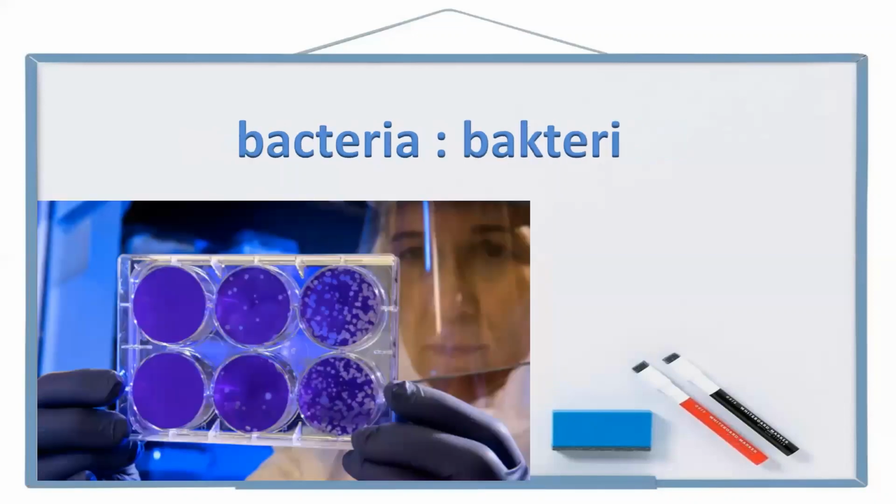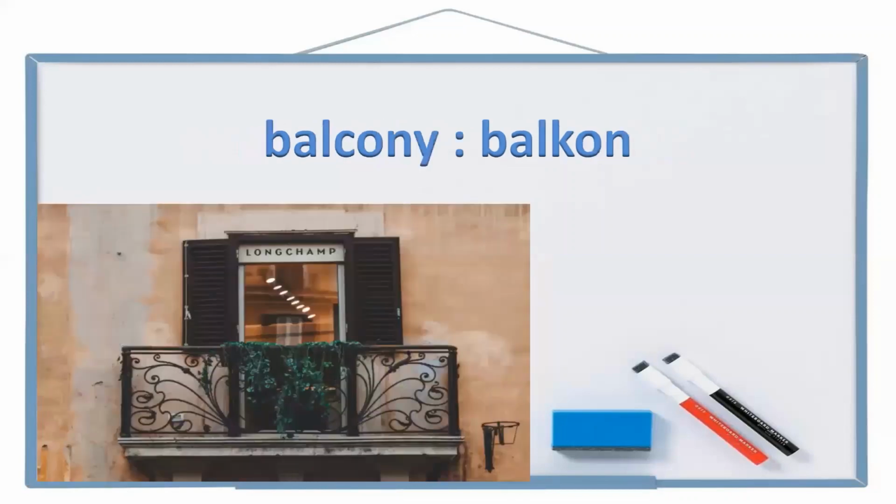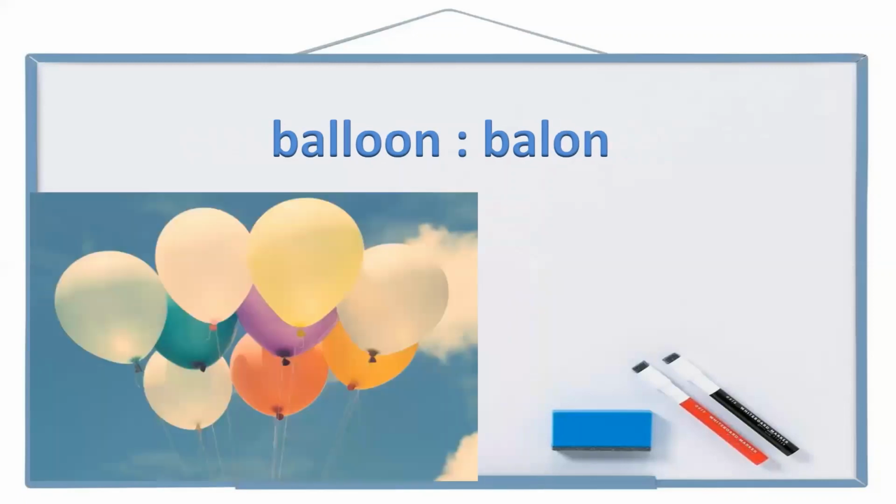Let's go on. Bacteria is bakteri. Once again, bakteri. All right. Balcony is balkon. One more time. Balkon. Just the letter Y disappears and we read it as balkon. Next one, balloon is balon.